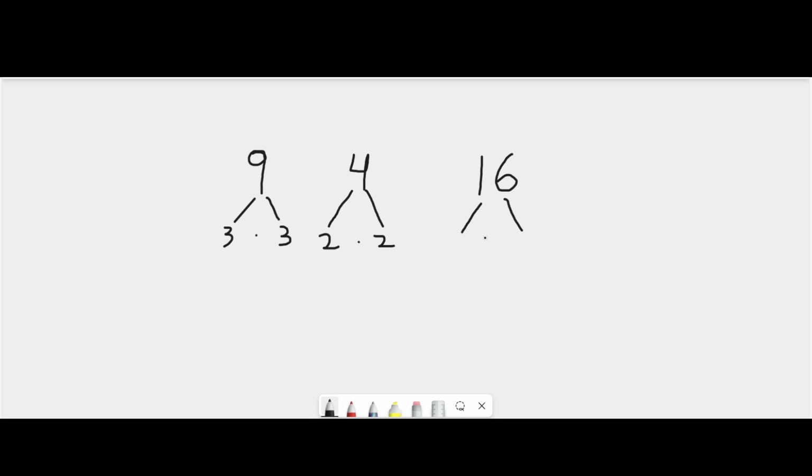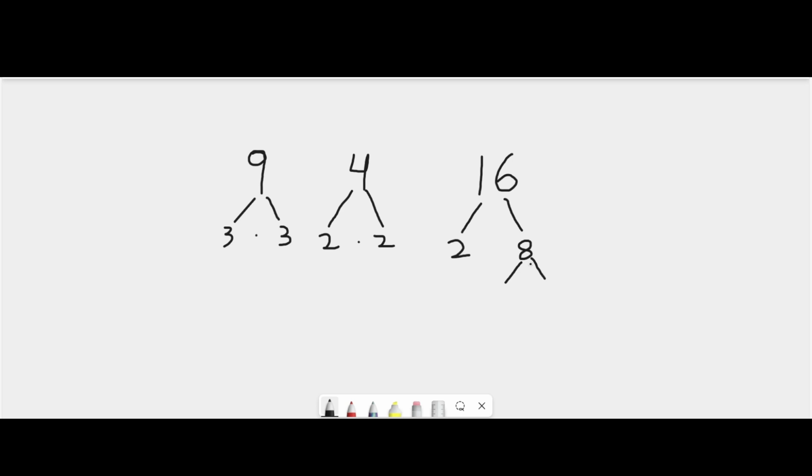So you've had some time. I'm going to start with 2 and 8. So we have a 2 and 8 here. The 2, as we know from over here, can't be broken down, but the 8 can.